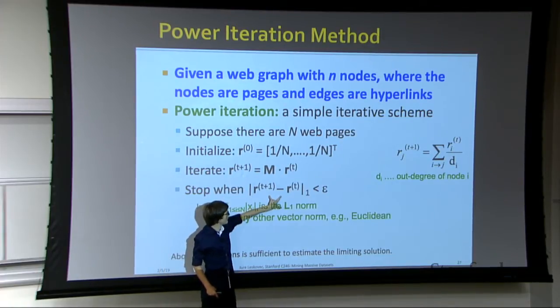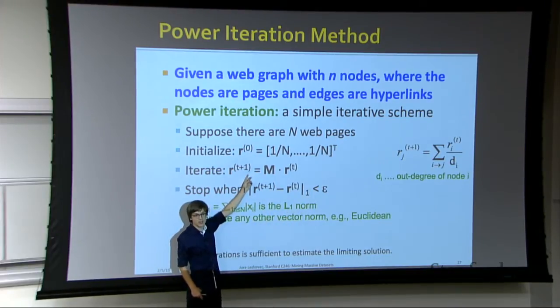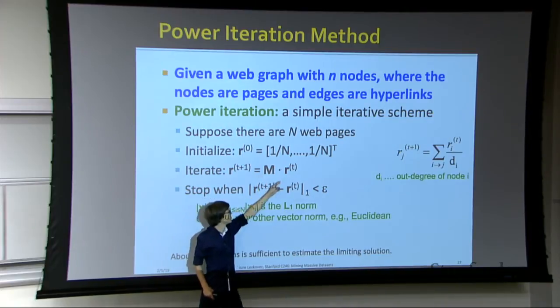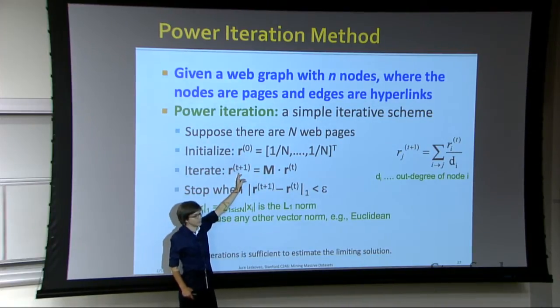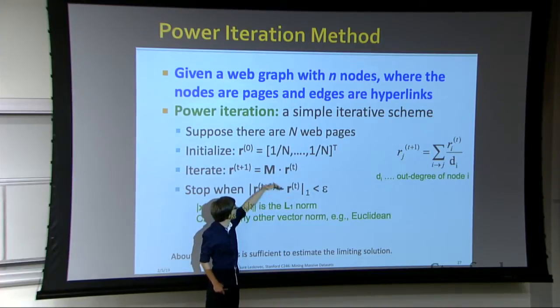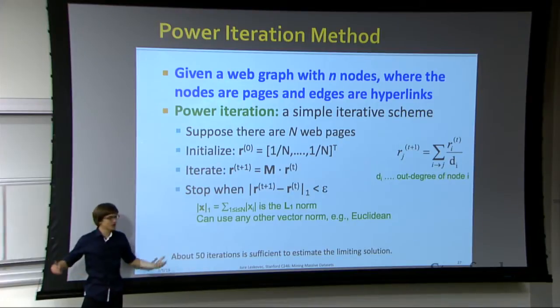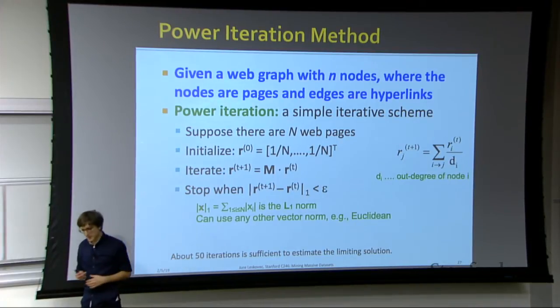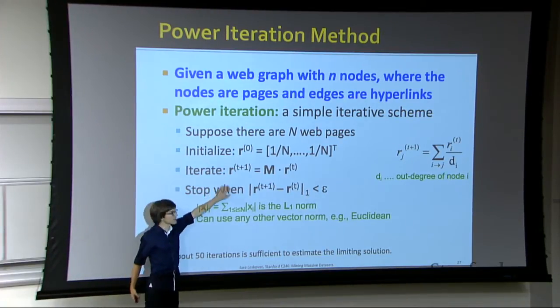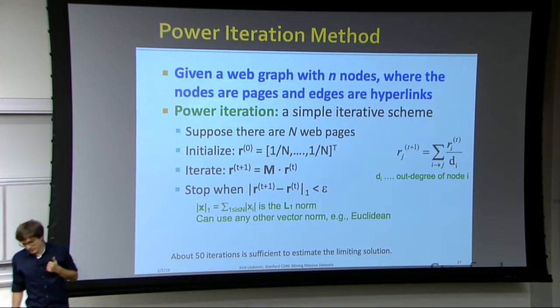If the difference between the two vectors is less than some epsilon, we are done. Otherwise, compute this again: take R1 to obtain R2. Again, what's the difference between R1 and R2? If it's less than epsilon, we are done. Otherwise, repeat. As I said, in about 50 iterations, even over a graph with billions of nodes, this will converge, and this will be your PageRank scores. This is called power iteration.